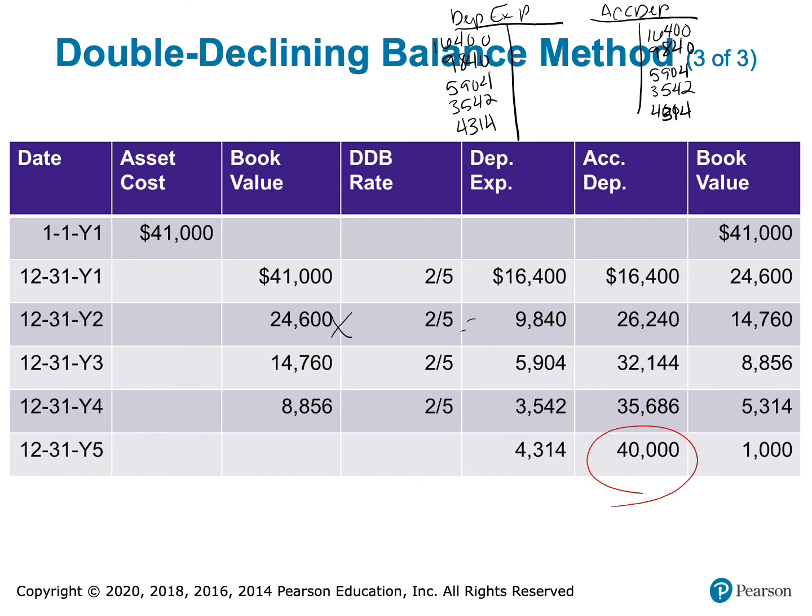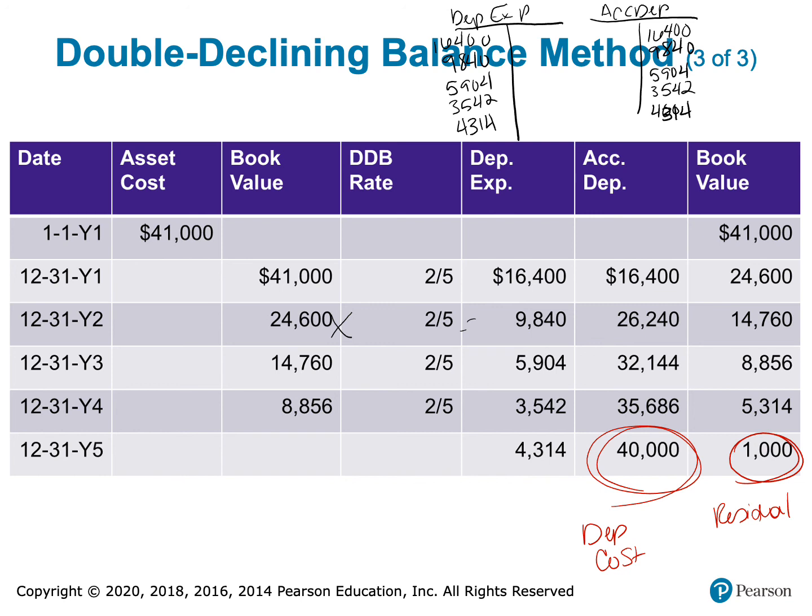So now the accumulated depreciation equals the depreciable cost and the book value equals the residual value. So again, the last year's never going to work in double declining balance. You're going to have to force it.